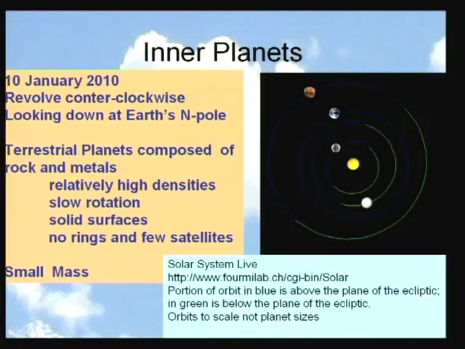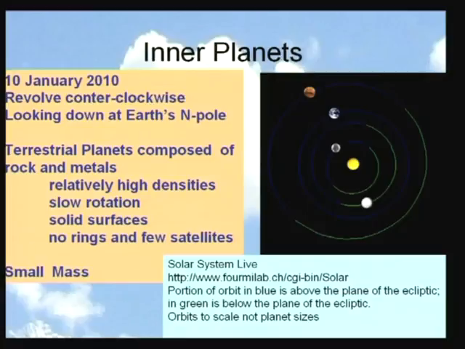So, the planets in the solar system are roughly divided into two groups of planets. The inner planets have different properties from the outer planets.